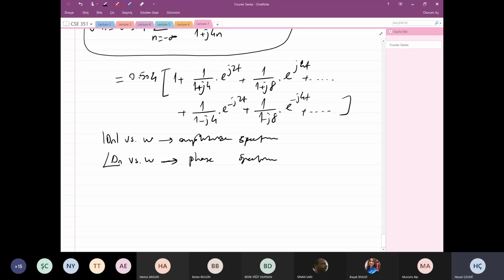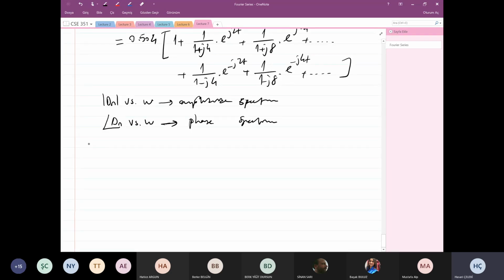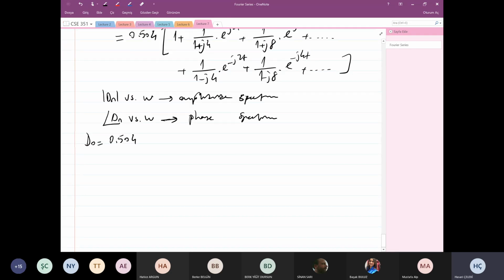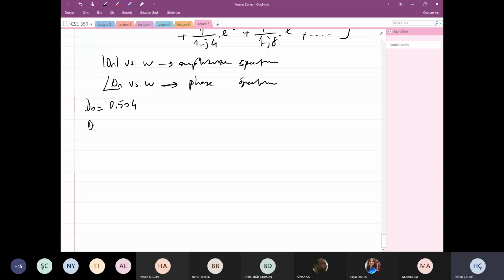So let's do this one. For n equal to 1, D1 is equal to, actually, you can see from here. Okay, let's start with D0. D0 is equal to 0.504, right? And D1 is equal to 1 over 1 plus j4.